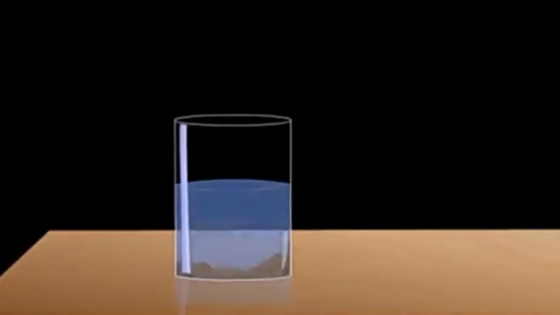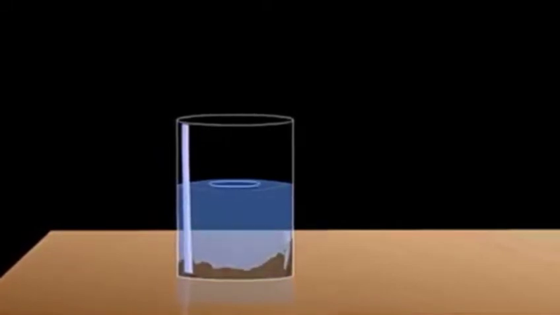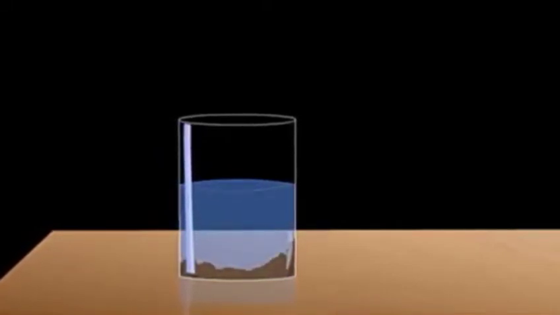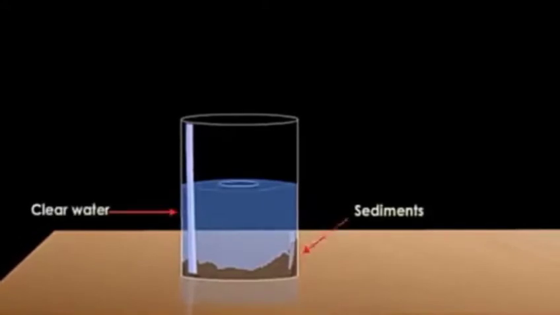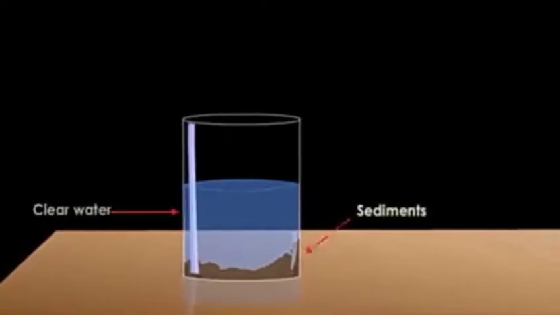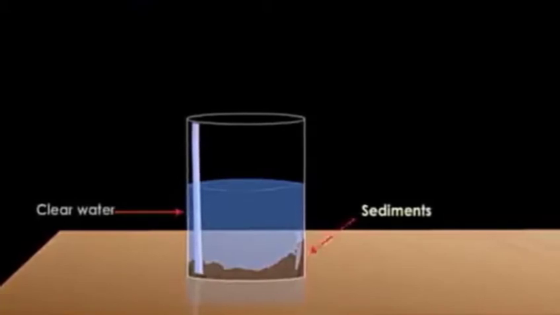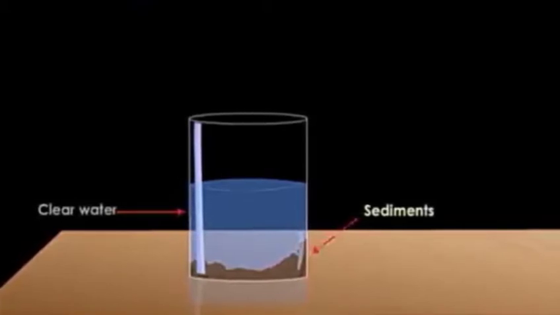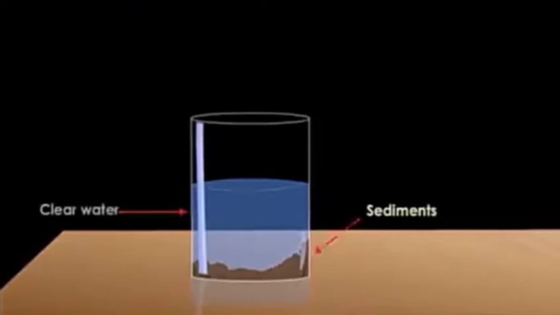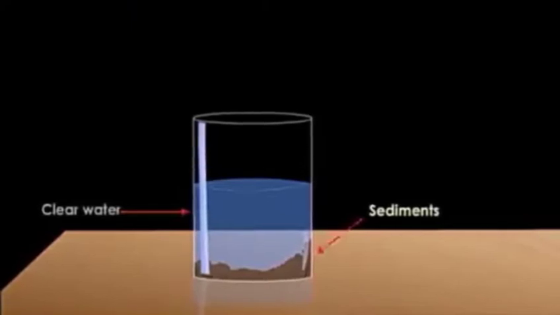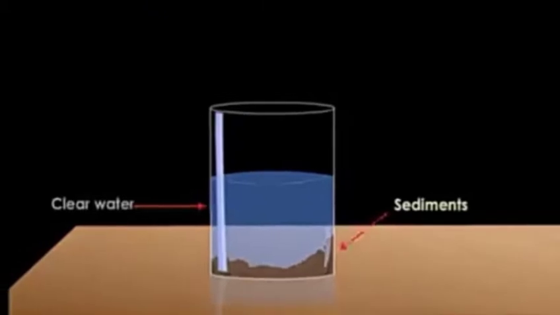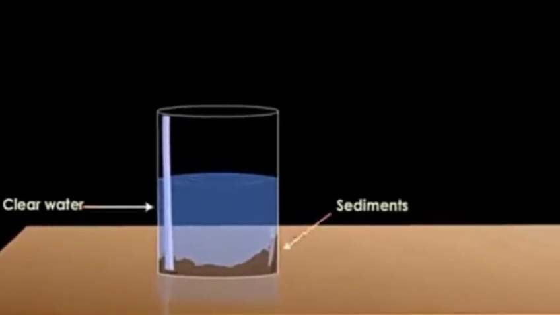The insoluble particles of the sand or the mud will settle down at the bottom. These are called sediments. We have all the particles of the sand settled at the bottom, and above we have the clear water that we can separate out. And this process is called sedimentation.